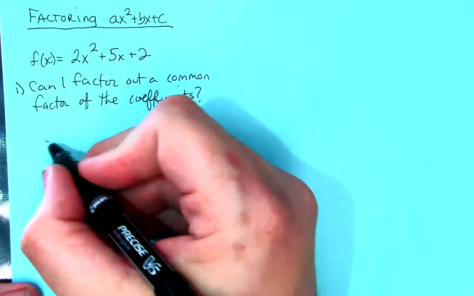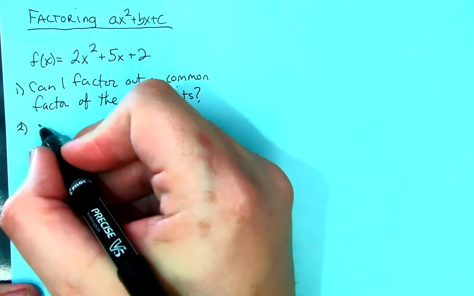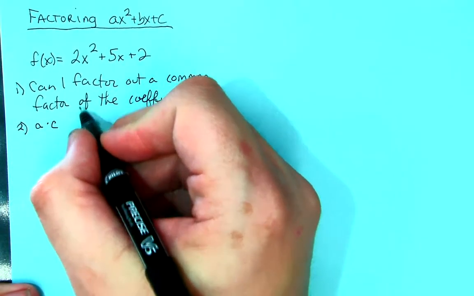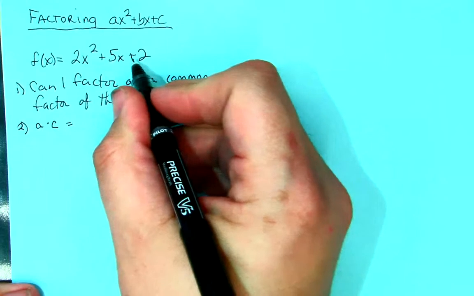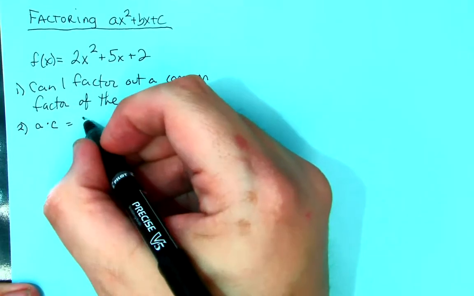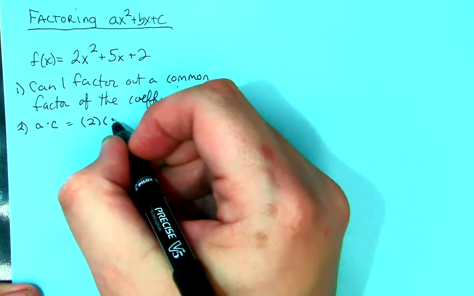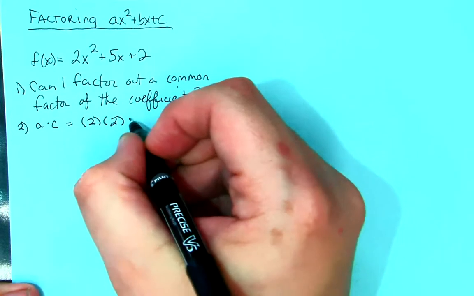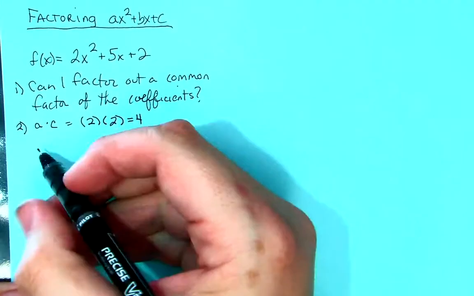So step 2 is we need to take a times c. We look at our function above. a is a 2 and c is a 2, so we get 4 as our answer.